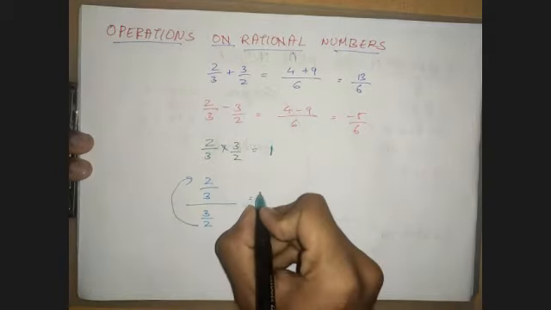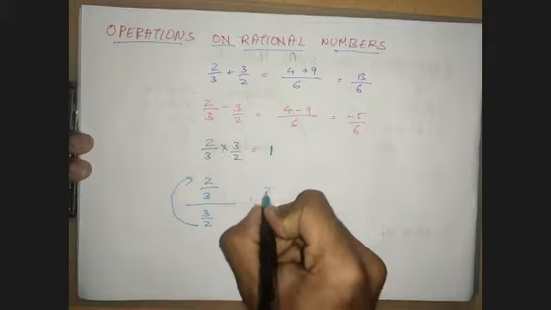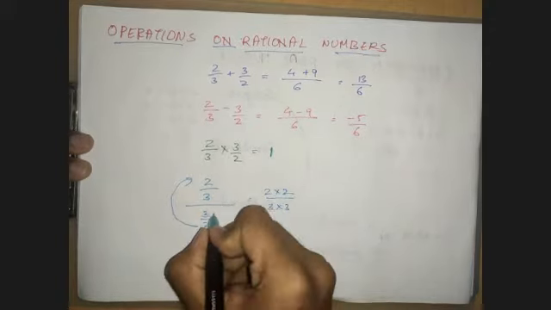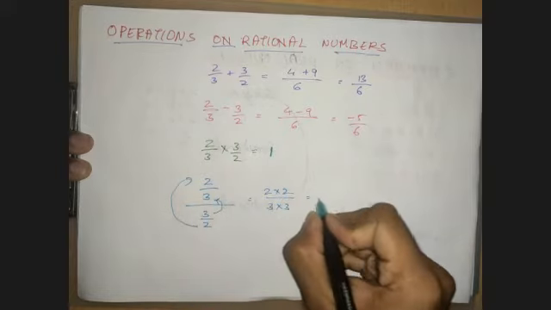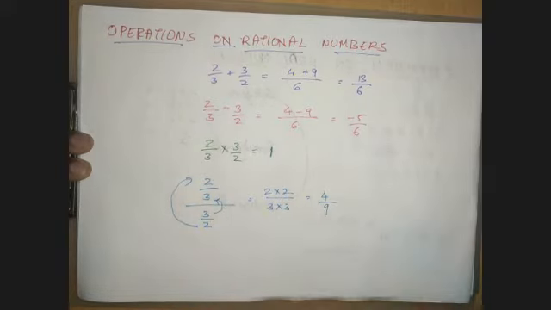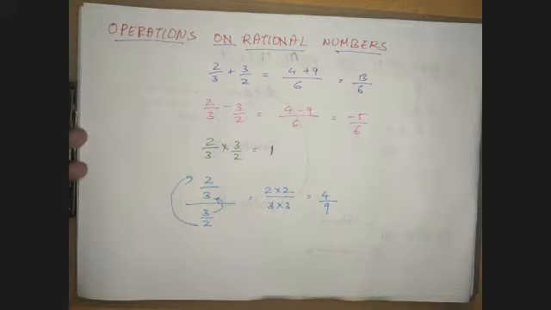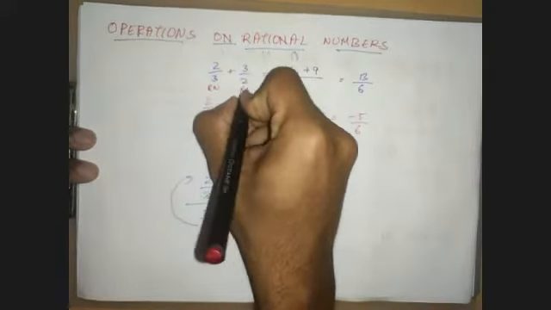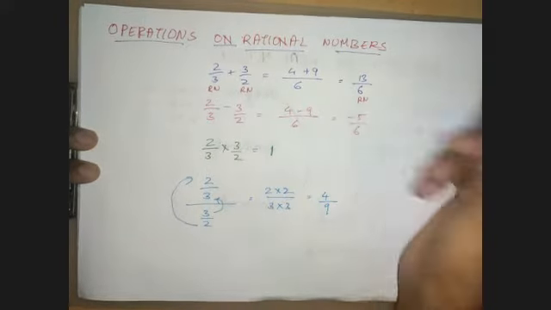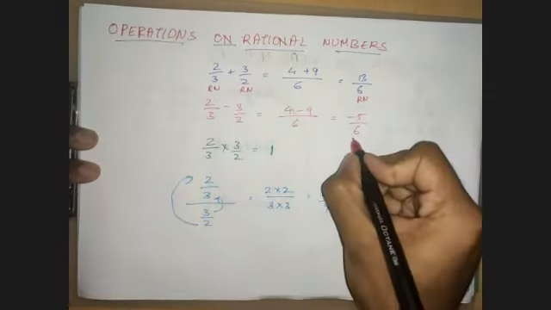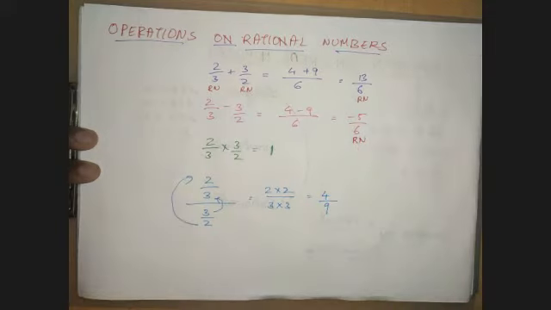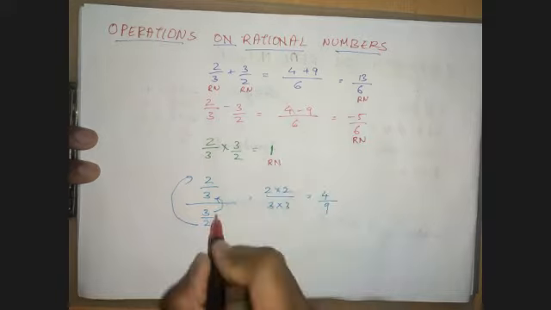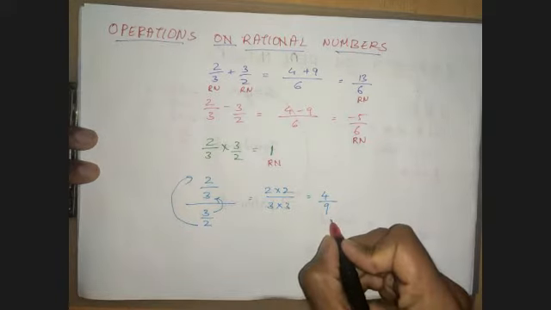So this would be 2 into 2 divided by 3 into 3, which is 4 by 9. So when we add two rational numbers, we get a rational number itself. Subtracting, multiplying and dividing two rational numbers also gives a rational number.